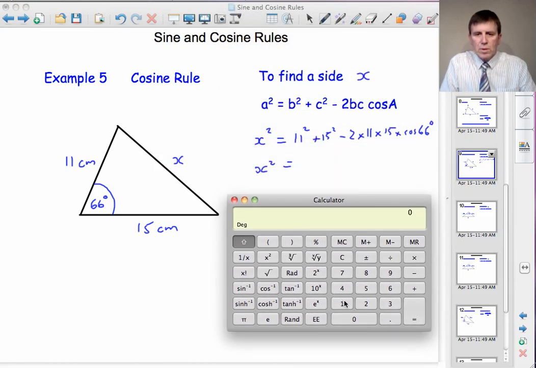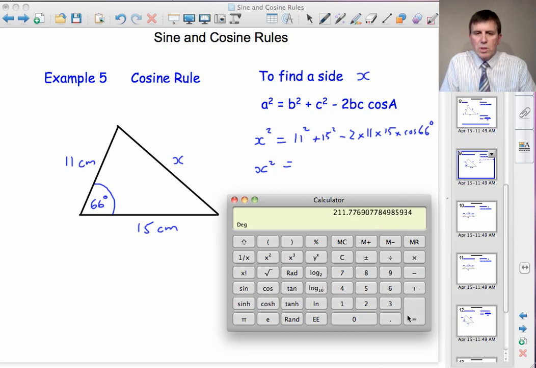So 11 squared plus 15 squared minus 2 times 11 times 15 times the cos of 66.